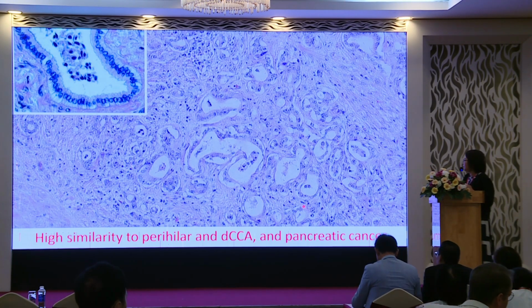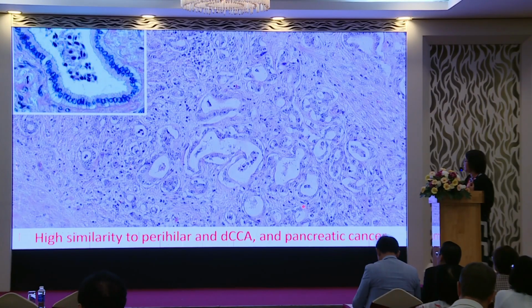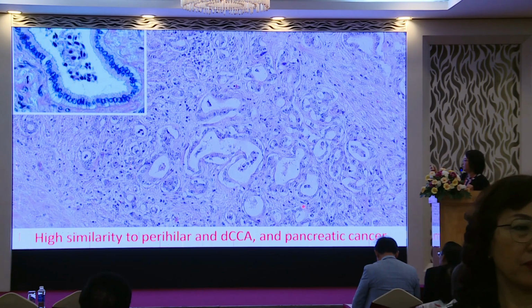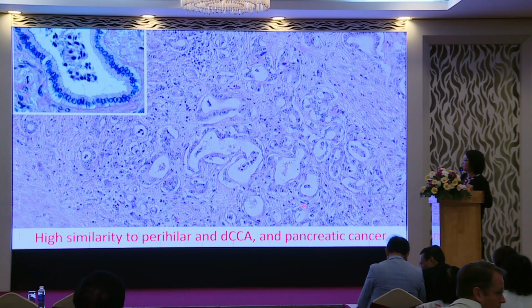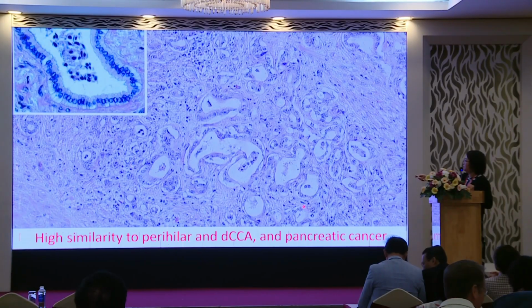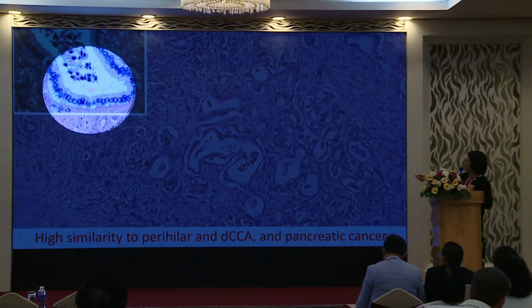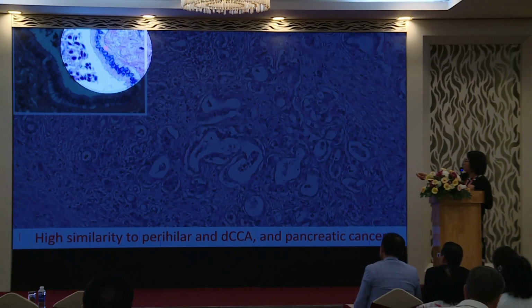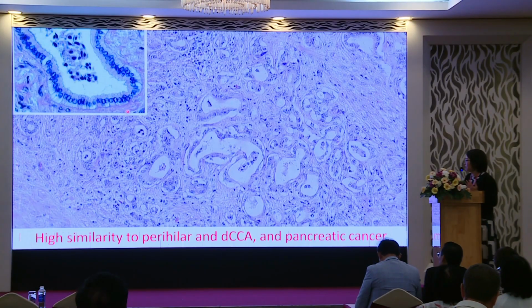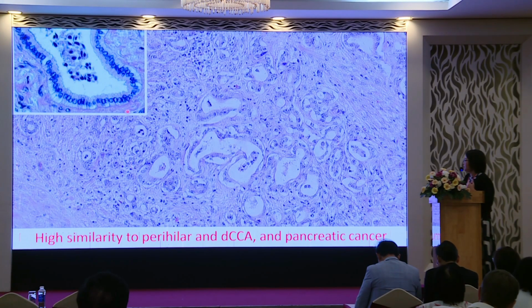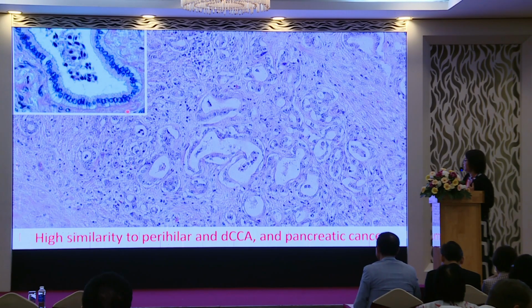And I would like to emphasize that this pathological aspect is quite similar between perihilar and distal cholangiocarcinoma and even pancreatic cancer, because intrahepatic bile duct and extrahepatic bile duct and also pancreatic duct are lined by similar cylindrical mucin-producing epithelial cells. And also they share the same embryogenesis. That's why when they make a cancer, the cancer pathology looks quite similar.